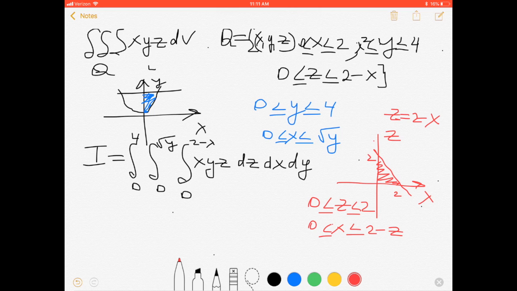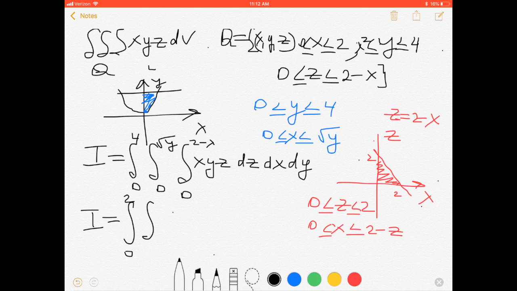And now my integral, I can rewrite like z changes from 0 to 2. Here are x and y, write in whichever order you want.